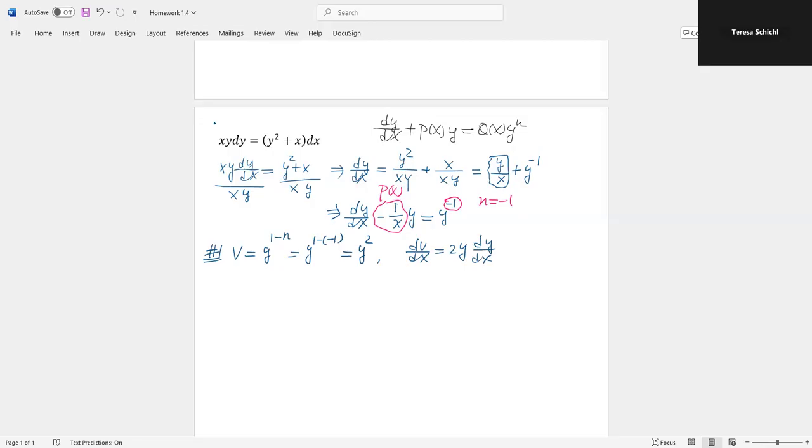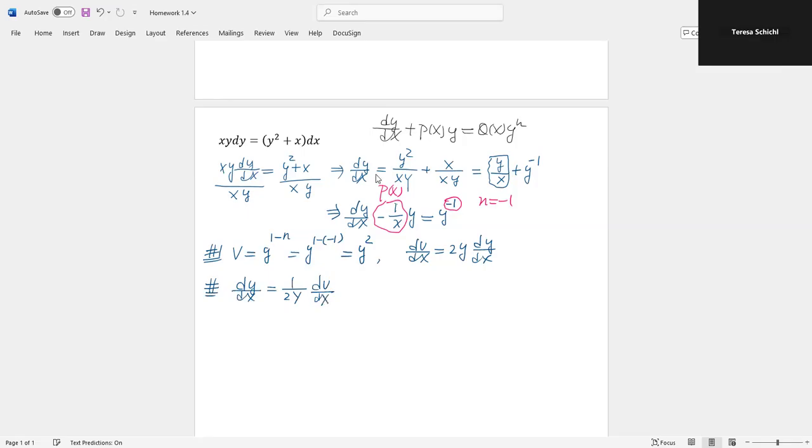So this is the first step. Then the next step is to find dy/dx in terms of dv/dx. From equation number 1, if we divide by 2y, we see dy/dx is equal to 1 over 2y times dv/dx.